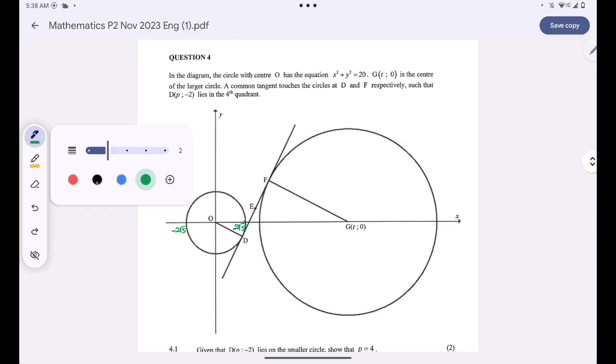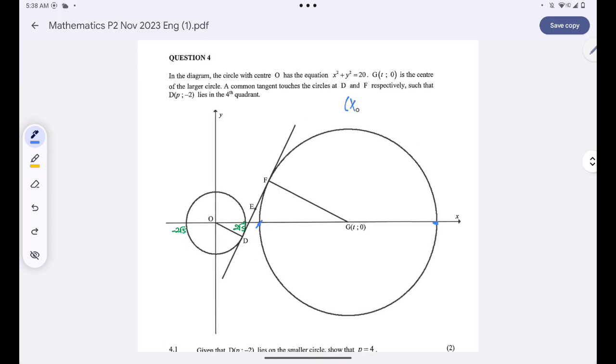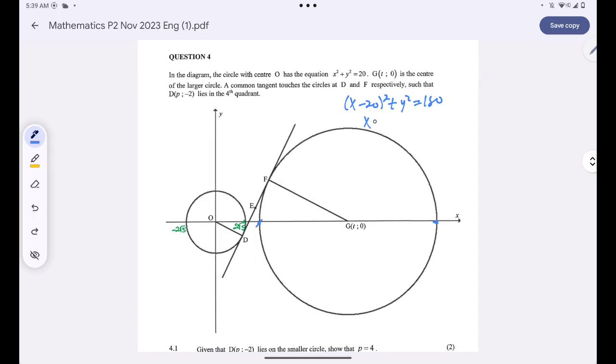And then all I need to do is to find these x values as well. Are you together? I have my equation. Remember that my equation was x minus 20 squared plus y squared is equal to 180. If I make y 0, I'll have x minus 20 squared is equal to 180. I can take the square root on both sides. The square root of 180, let me punch it, is 6 root 5.